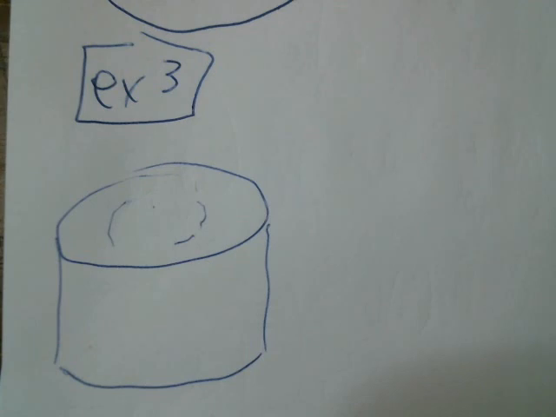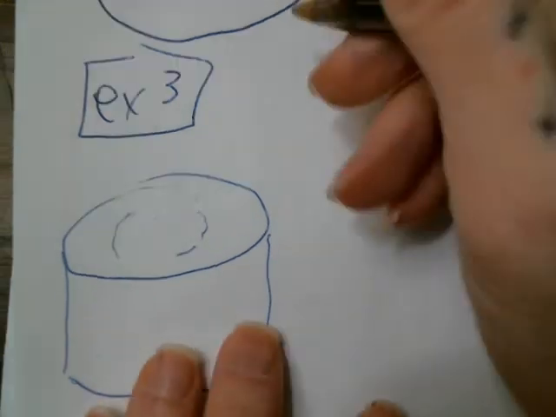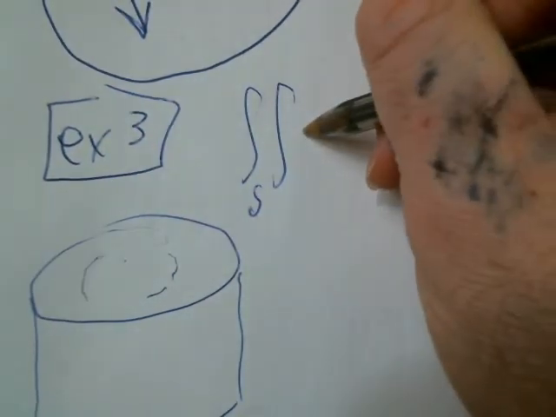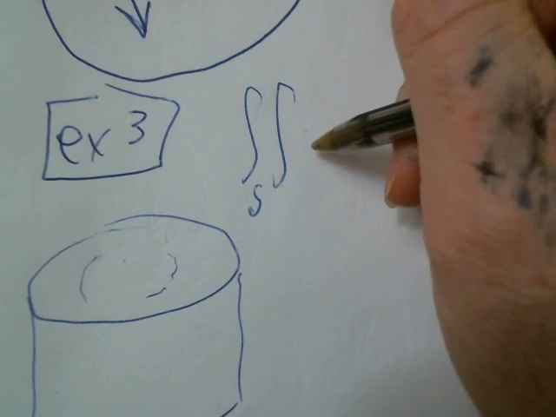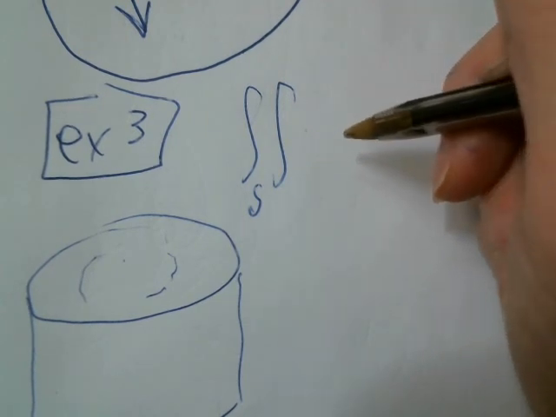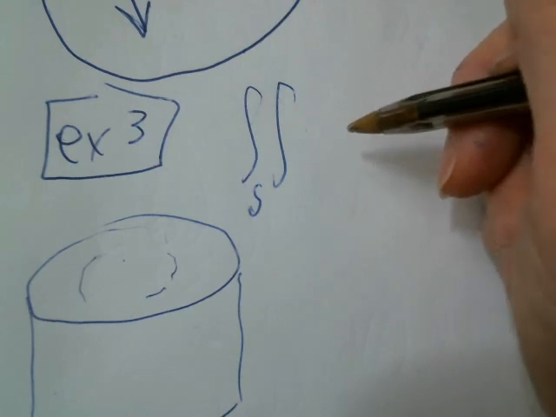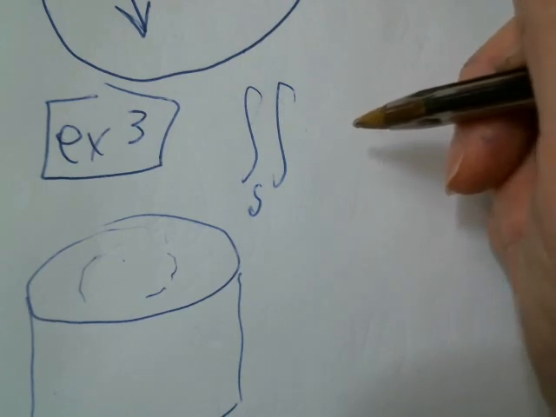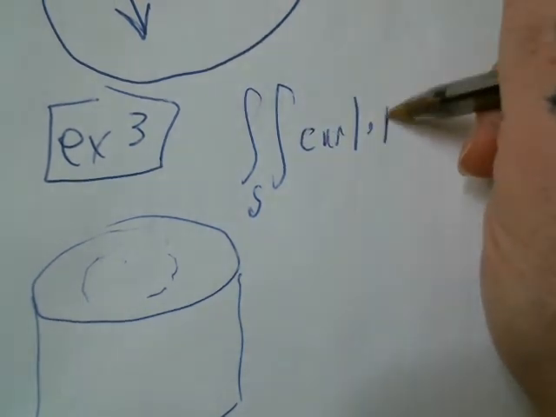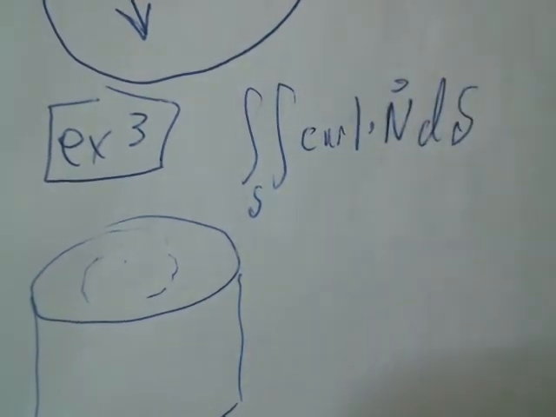We want to know this double integral. We want to figure out the double integral over S of curl F dotted with n dS, okay?